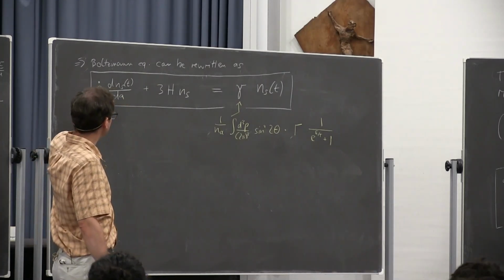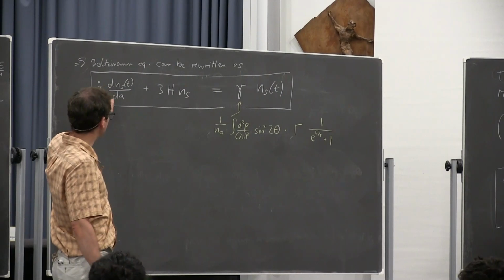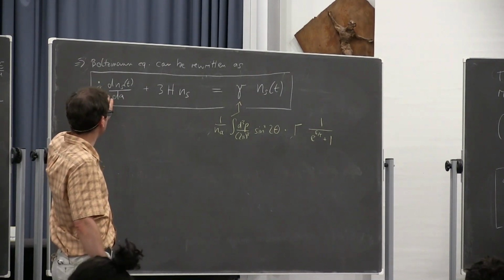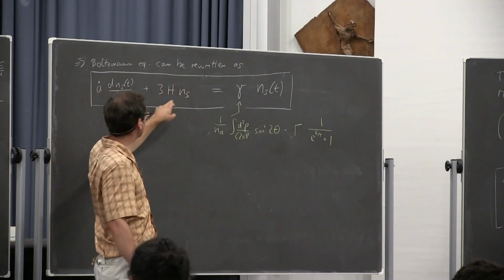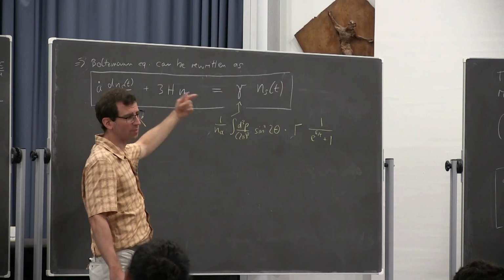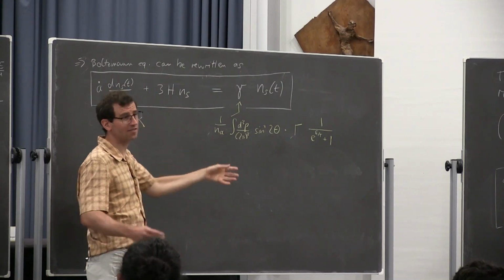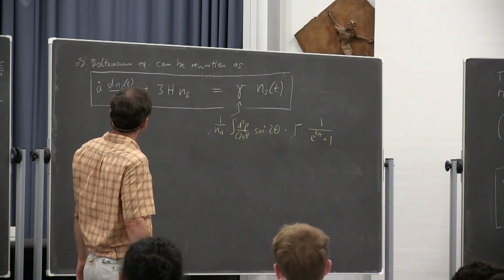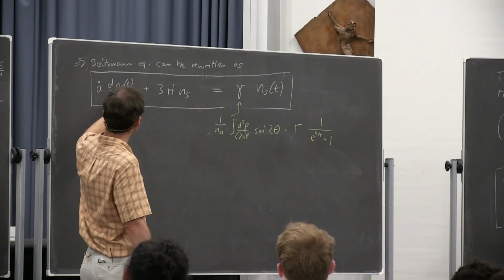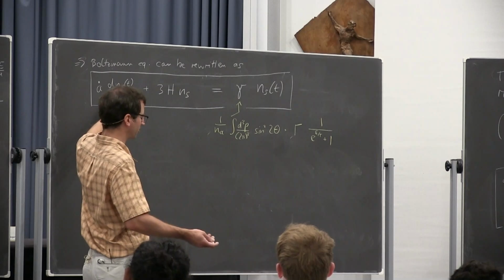This is essentially the equation that you can solve. If you look at this in terms of this ratio, then what mainly happens is that this term here, which describes just Hubble expansion, drops out because Hubble expansion affects active and sterile neutrinos in the same way. Right, so once again, we have three terms here. The term on the left-hand side is the time derivative of the sterile neutrinos.